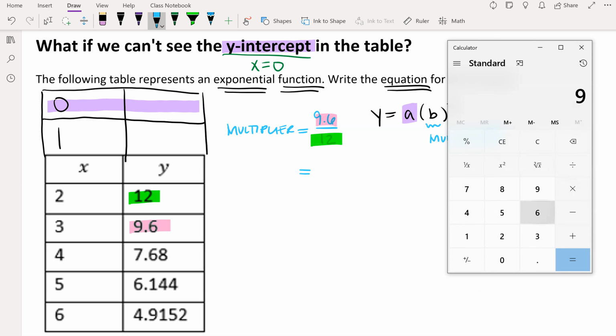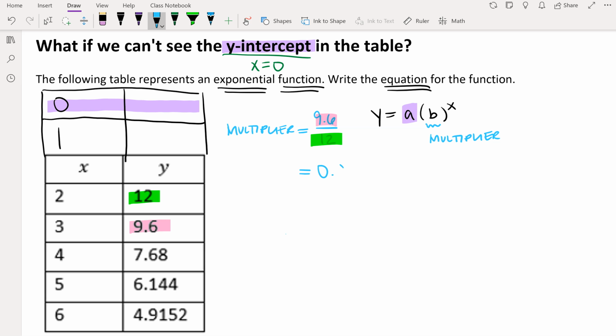We're going to do 9.6 divided by 12. We get 0.8. The multiplier is your b value, right? So in this case, b equals 0.8. Let's go ahead and fill that part in of our equation. So y equals, we don't know a yet, but we do know b is 0.8, and then we have to the x.